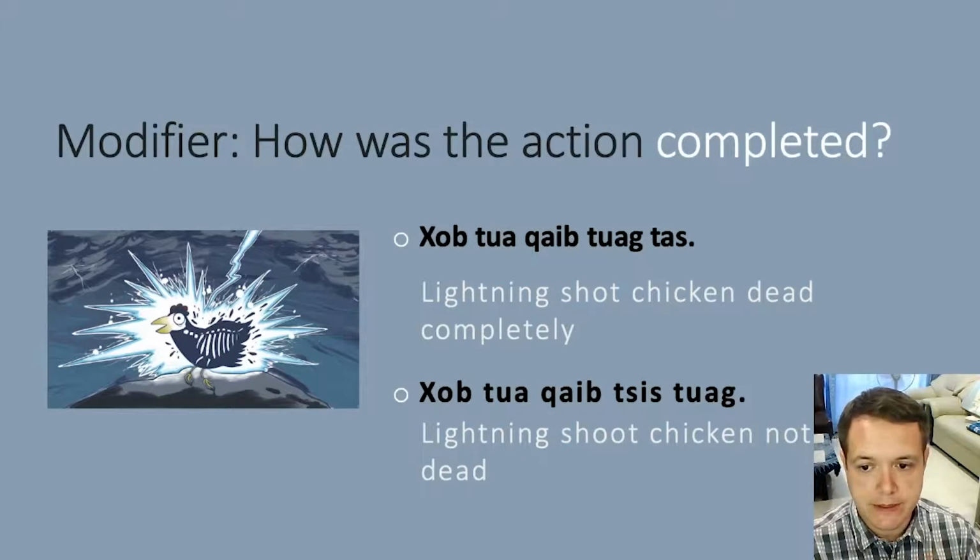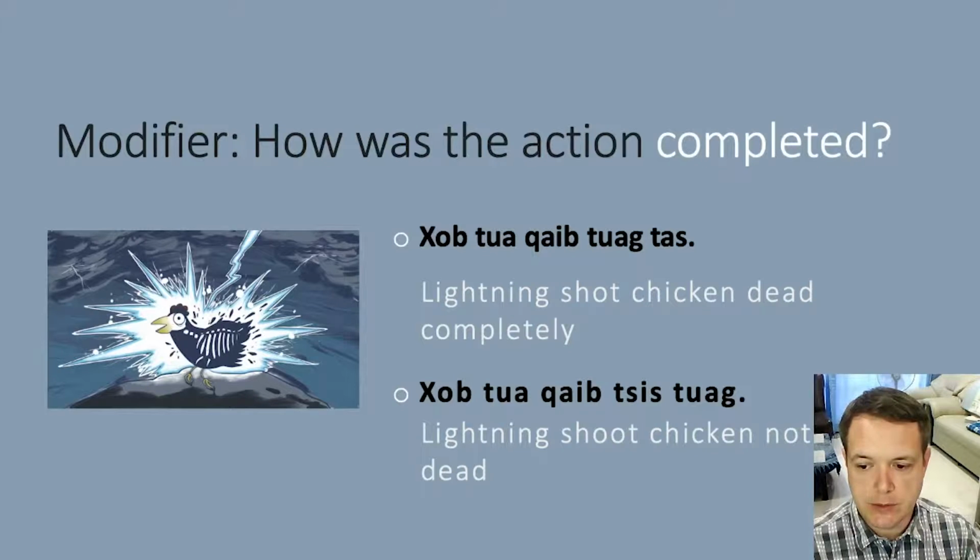It really isn't the chicken, it's just chickens. So it could be chickens, like a group, and they were all dead. In any case, if lightning strikes a chicken, that is how it will end. But in the hypothetical scenario that it doesn't, the second sentence example shows how we can modify that sentence. So we have saw tua kai chi tua.